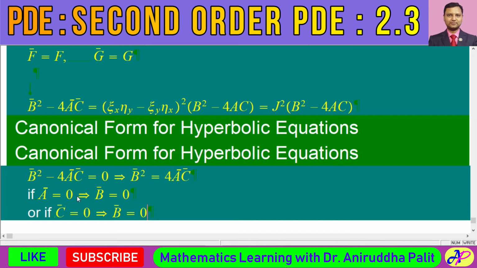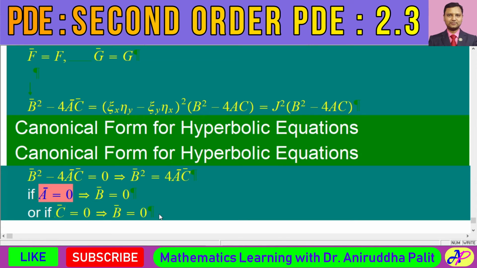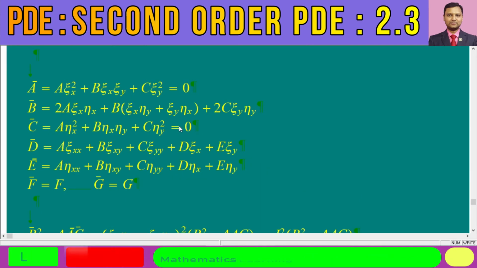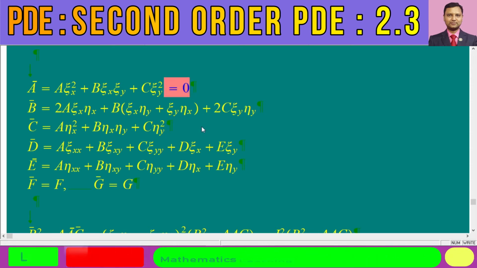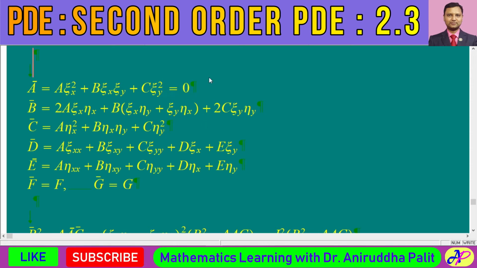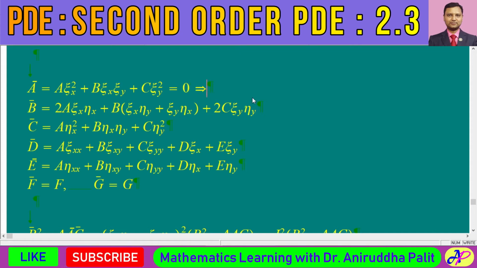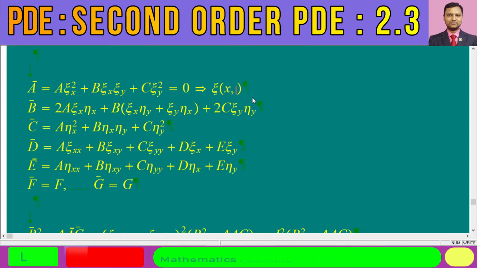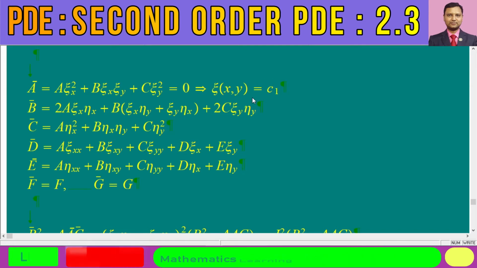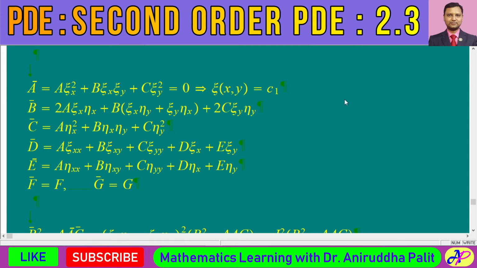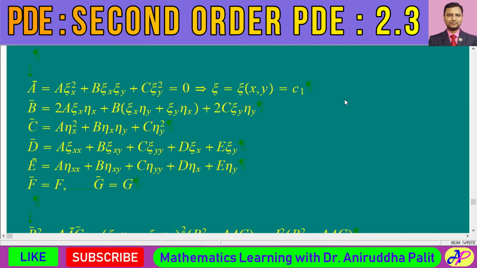So for the sake of discussion we choose a bar equal to 0. We actually imposed only one relation, a bar equal to 0, and we expect that from this relation we will be able to compute a relation like xi of x comma y is equal to some constant c1. From that we will be able to compute the functional form of xi.